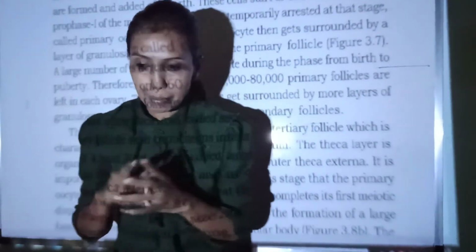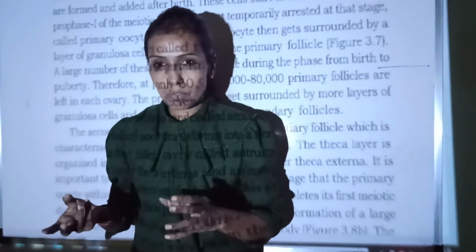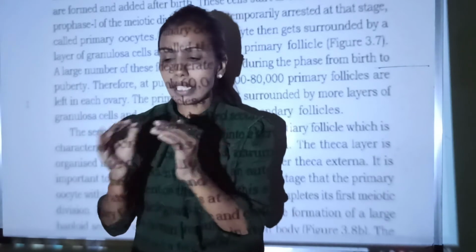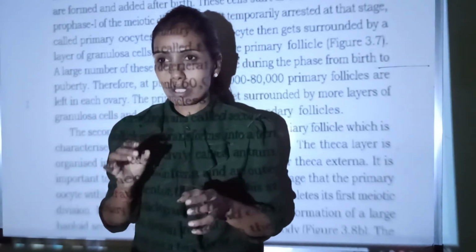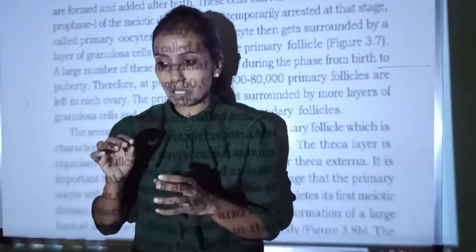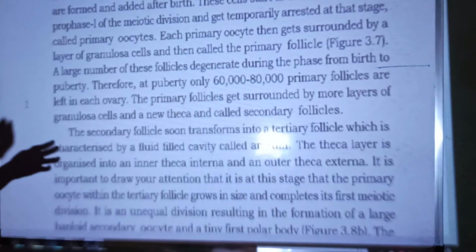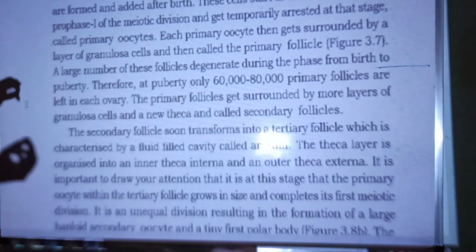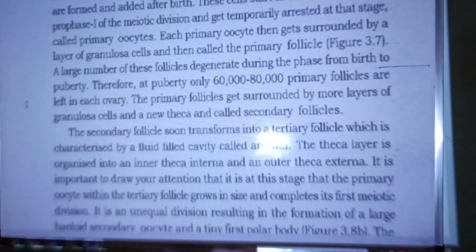After the birth of a female child, no more oogonia are found. They are formed only before birth, during fetal growth. More than a million such oogonia are formed in the ovary of the fetus.